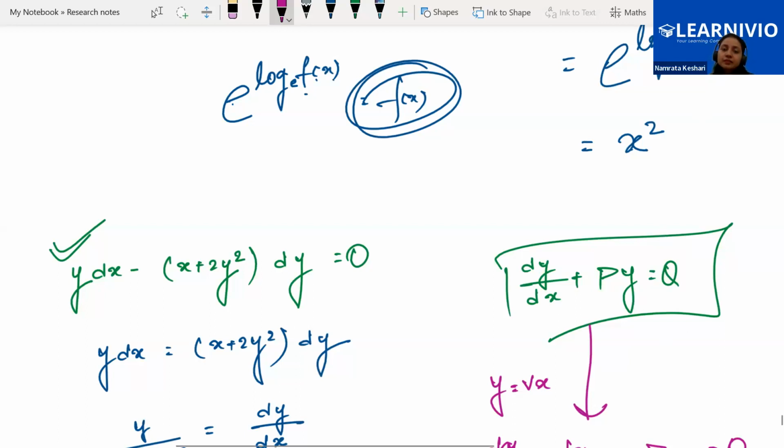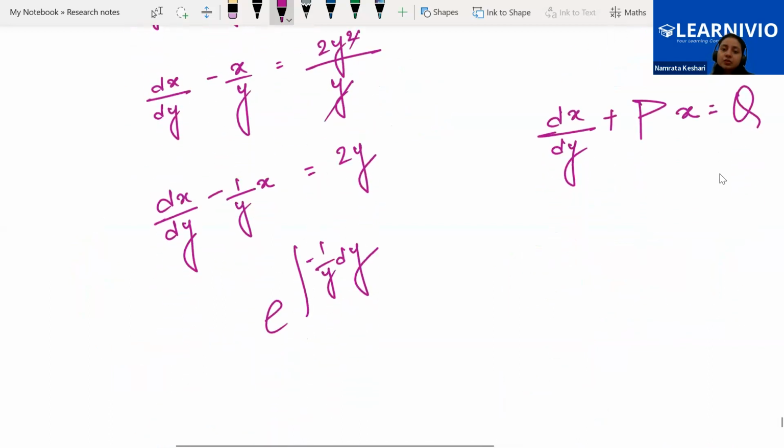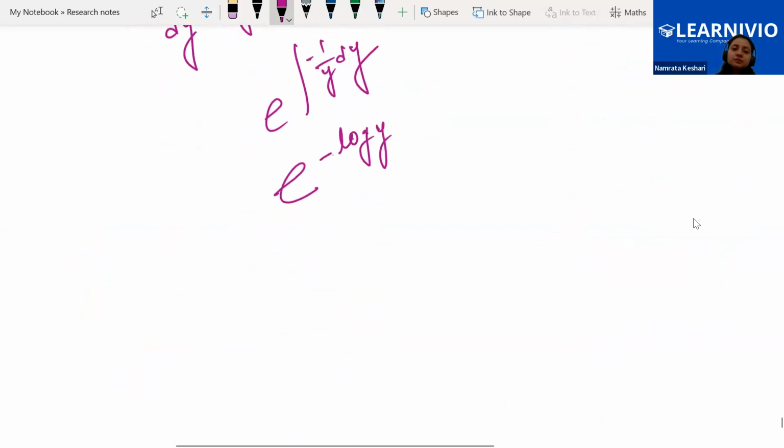The integrating factor is e raised to the power minus log y. And this minus sign, what will we do? Property of log: we just get minus, y.